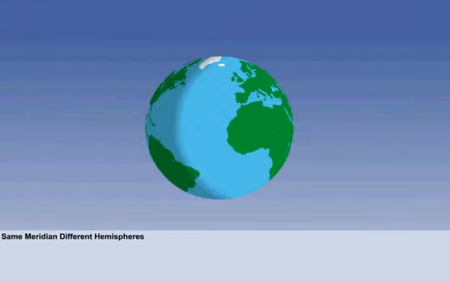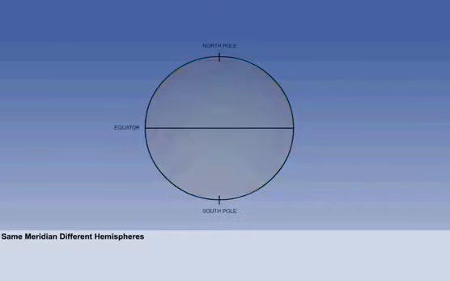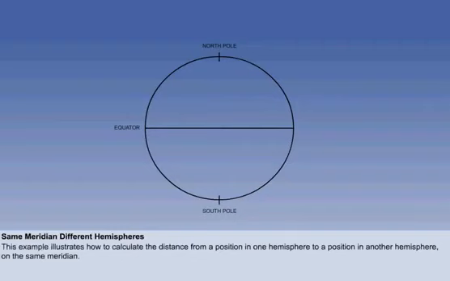Now let's look at an example that has the departure and destinations along the same meridian, but in different hemispheres. What is the shortest distance between Durban, south 29°30', east 030°30', and St. Petersburg, north 59°47', east 030°30'?